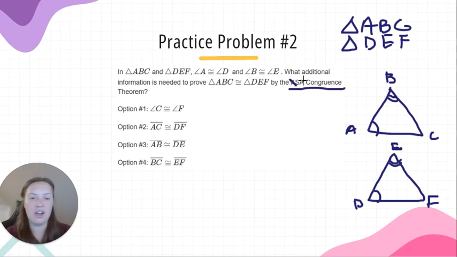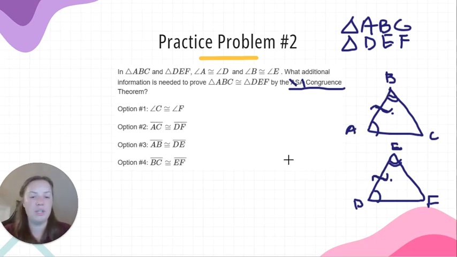So in this case, I've got the two angles, I need the side. And remember that we want that side to be included. We want it to be smack dab in the middle of our two angles. So the one that's smack dab in the middle of our two angles is this here. Realistically, I should put a question mark. We want to show that this side is congruent.